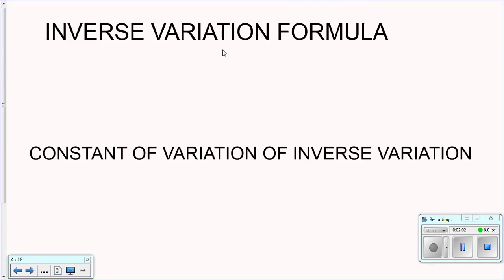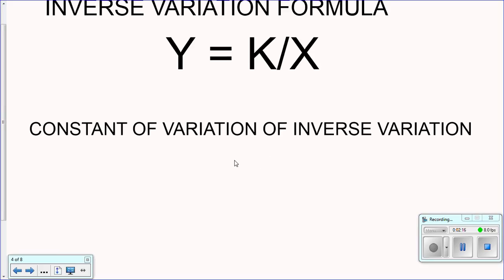So the inverse variation formula, again, is y equals k over x. It's very similar to direct, but this is k over x. To find k, we're doing the same thing as with direct, where we needed k to be a number. To get k by itself here, we multiply both sides by x, so to find k, you just do x times y.